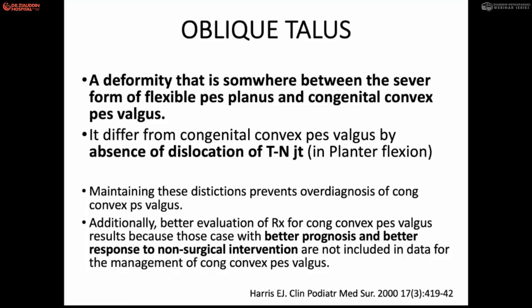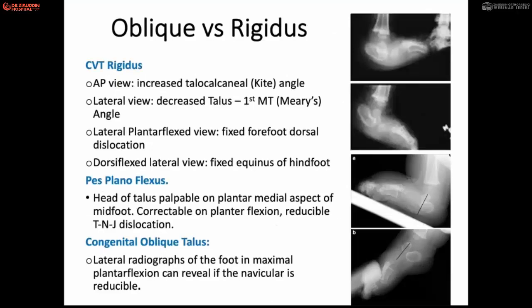This means the oblique talus has a much better prognosis, and also the pes planoflexus deformity has a good prognosis. Again, radiologically, in congenital vertical talus rigidus, the AP view shows increased kite angle when you measure the first metatarsal with the talus, and on the lateral view decreased Meary's angle. On the lateral plantar flexion view, there is a fixed forefoot dorsal dislocation, and in the dorsiflexion lateral views, a fixed equinus of the hindfoot.